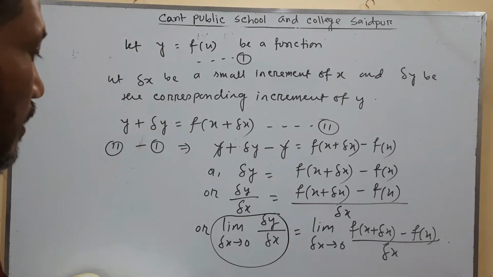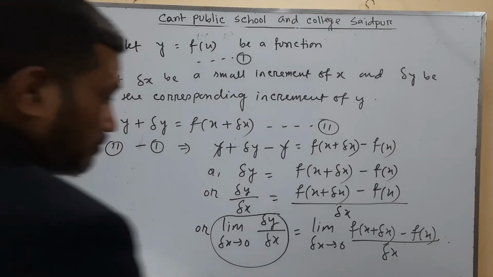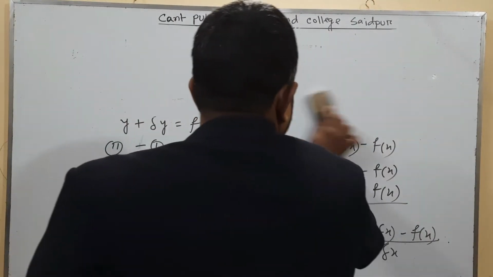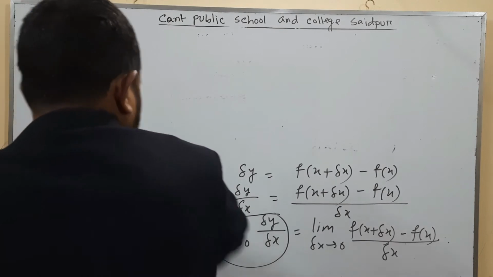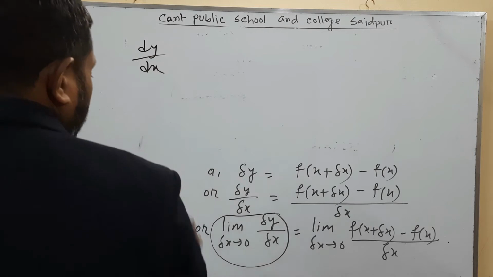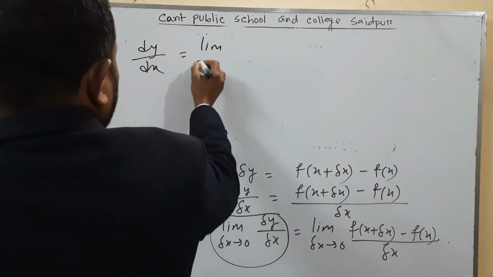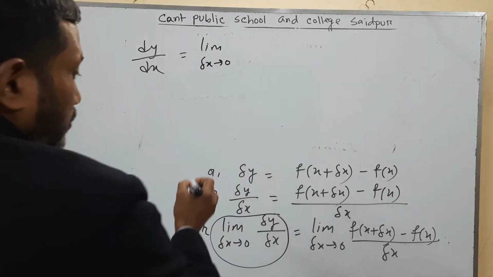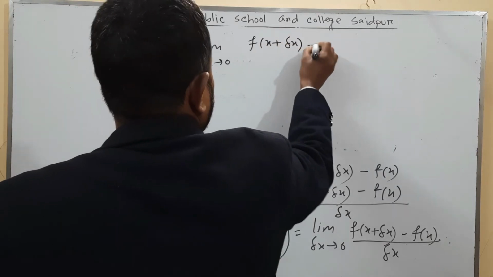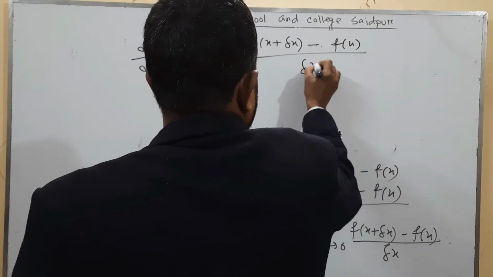This is denoted by dy by dx. Dy by dx is equal to limit del x tends to 0, f of x plus del x minus f of x by del x.